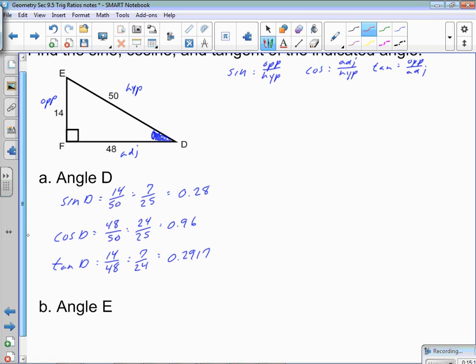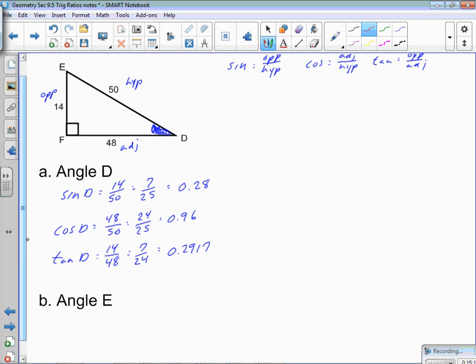Next one is for angle E. So for angle E, basically the opposite and adjacent sides switch places. The hypotenuse isn't going to change, right? Because the hypotenuse is always whatever is straight across from the right angle. So our hypotenuse stays the same, but our opposite and adjacent switch.